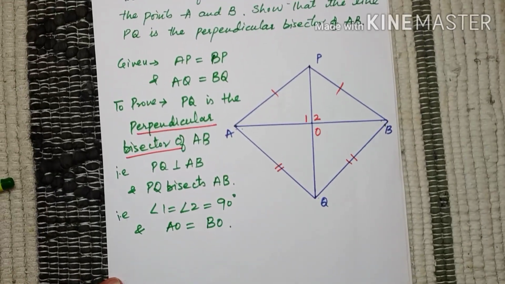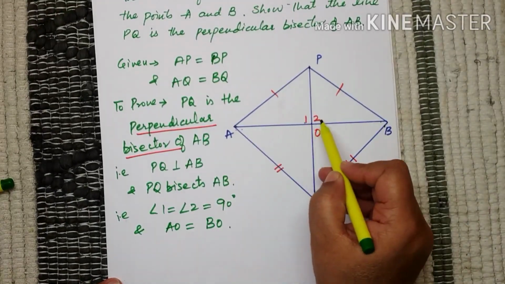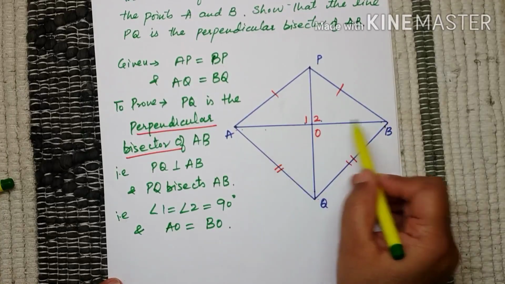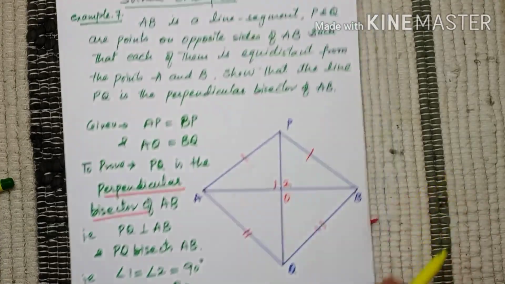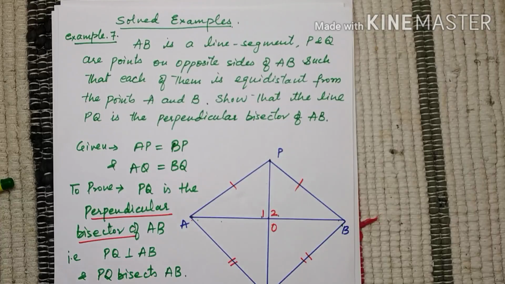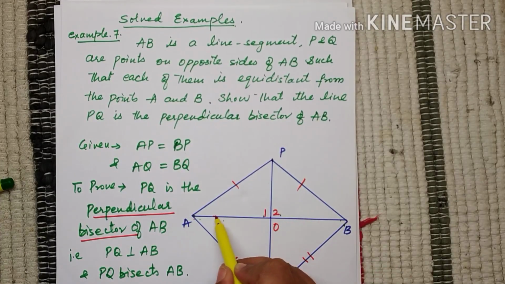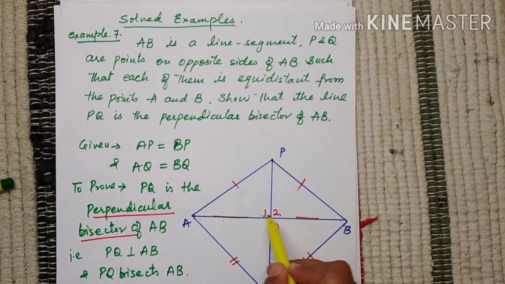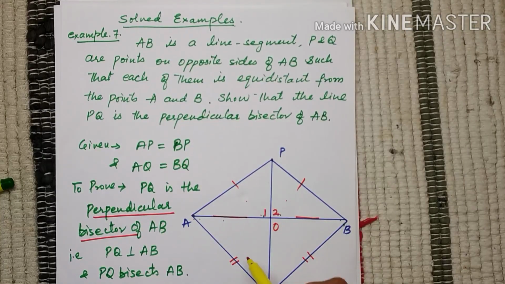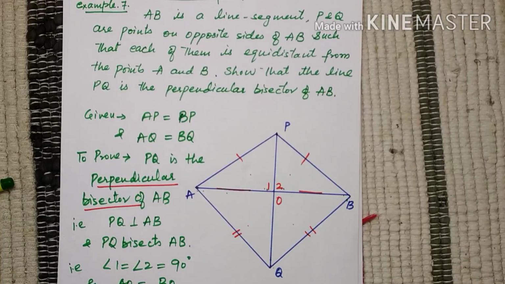So children, we need to prove all this. We need to prove angle 1 and 2 are 90 and I need to prove these two sides equal. Now if we observe these two sides, AO and BO, and these angles, they are the part of these two triangles or either these two triangles.